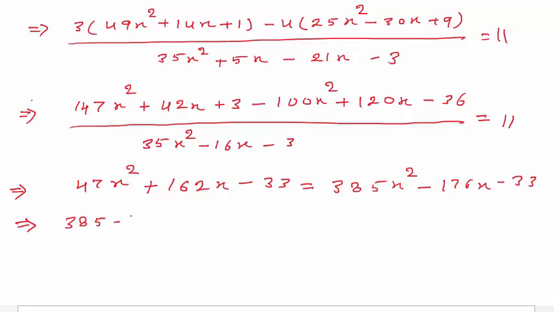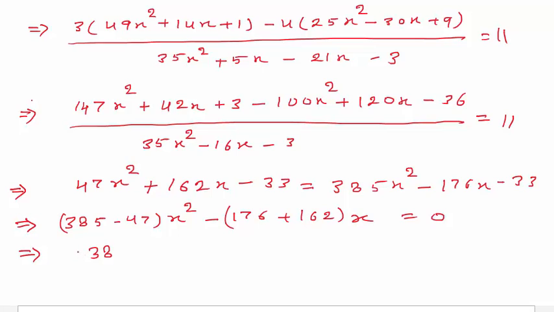So (385 minus 47) times x square, then minus, I will take bracket, (176 plus 162) times x is equal to 0. So this is 15 minus 7, I have 8, then 7 minus 4, I have 3, so it is 338x square minus, this 6 plus 2 is 8, 7 plus 6 is 13, so 338x is equal to 0.